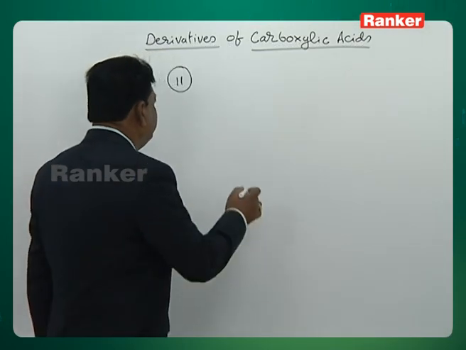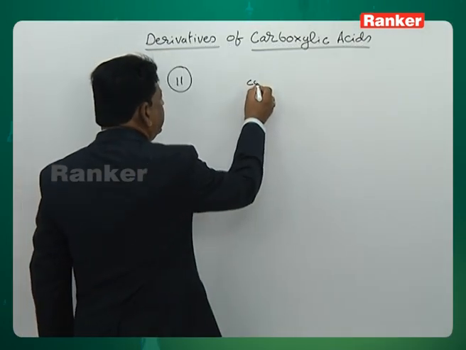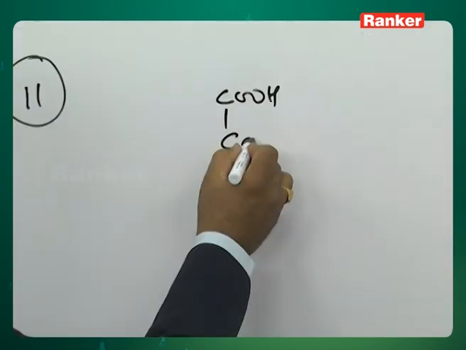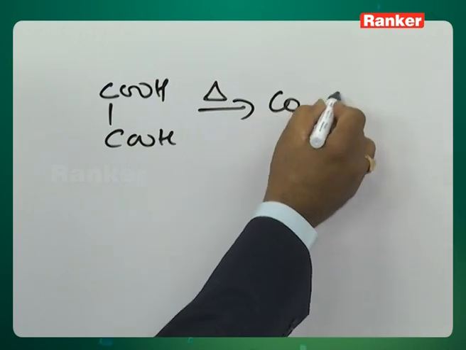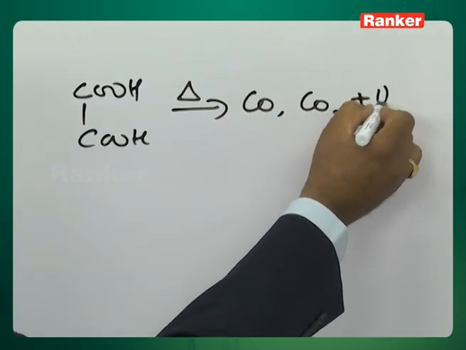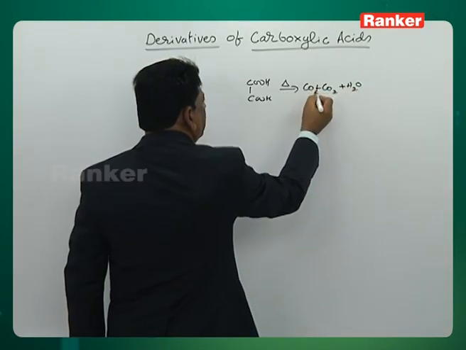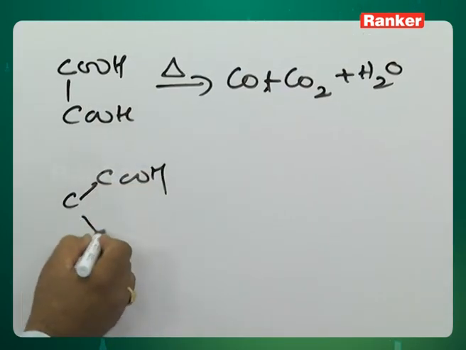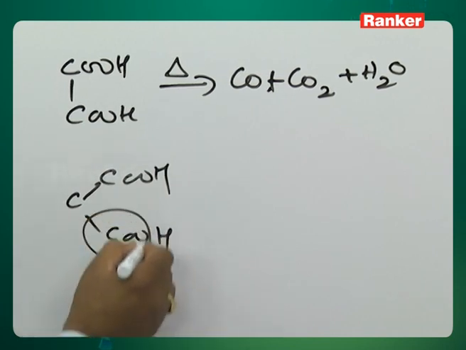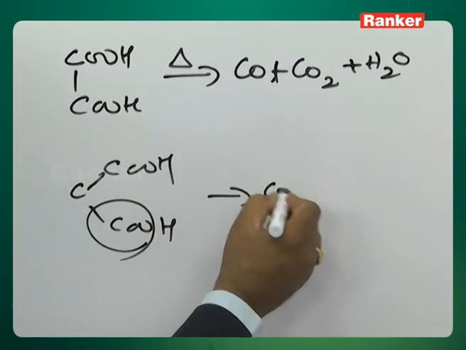Here we have the pyrolysis reaction of dicarboxylic acids. When oxalic acid is heated, you will get carbon monoxide, carbon dioxide and water. When malonic acid is heated, one CO2 will be removed and you will get acetic acid.